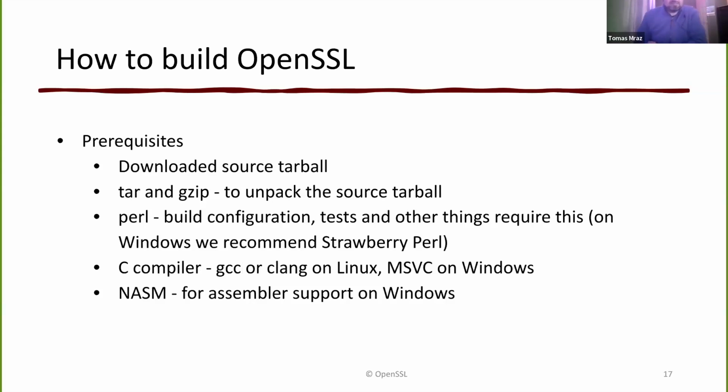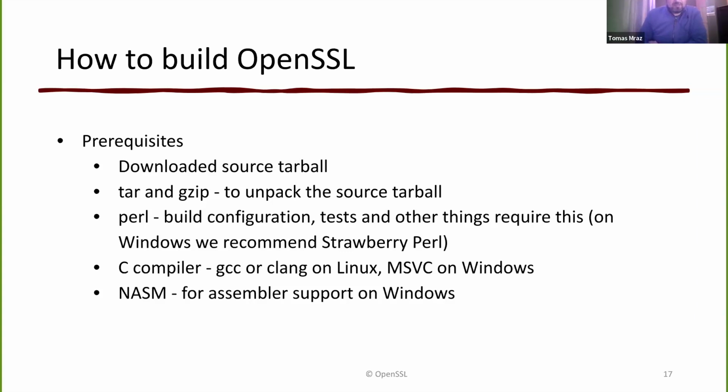For building OpenSSL, we need some prerequisites installed. First we need to download the source tarball, and we need tar and gzip to unpack it.